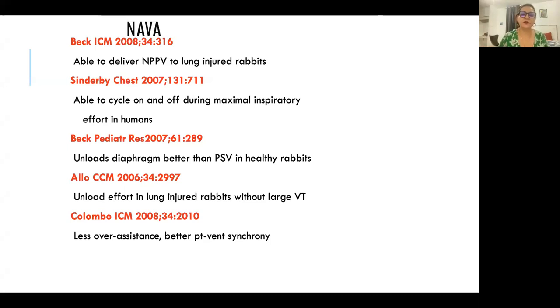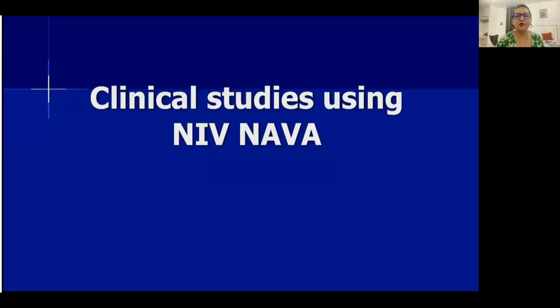Another study on rabbits showed that diaphragm unloading was better with NAVA than with pressure support ventilation. And again in rabbits, it was seen that effort was unloaded in lung injury without increasing the tidal volume, with less over-assistance and better patient-ventilator synchrony. So these were small studies on animals.